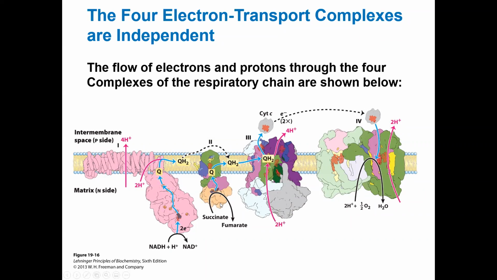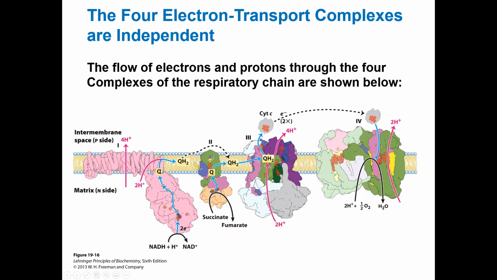So just to review complex 1 here, which is right here in the extreme left, NADH is the substrate, and NADH transfers 2 electrons to a fat-soluble carrier, Q, also known as ubiquinone.